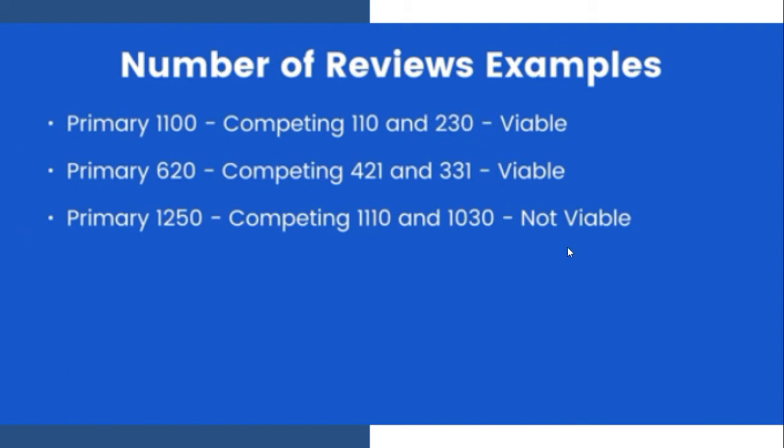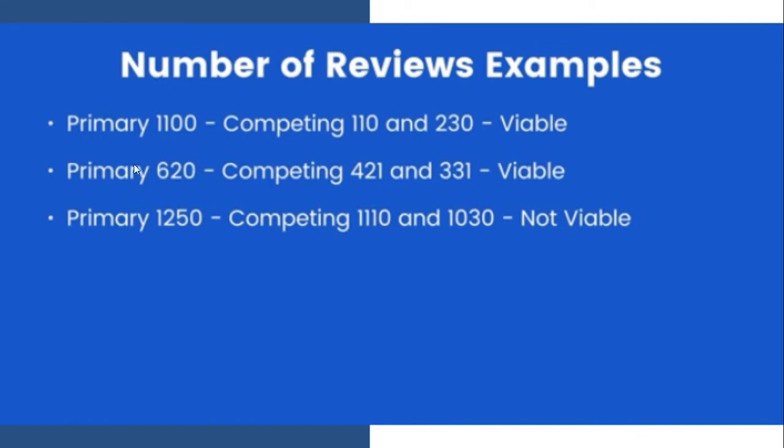So if your primary product has 1,100 reviews, your first competing product has 110 reviews, and your second competing product has 230 reviews, that is a viable opportunity. You jump into that opportunity and sell that product, okay?